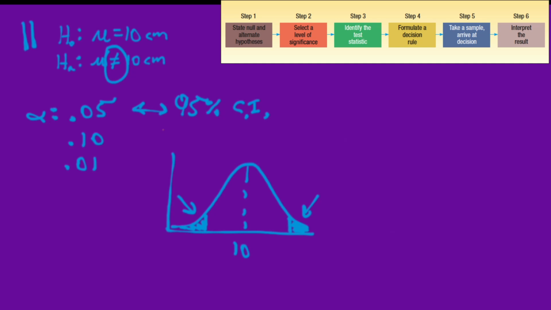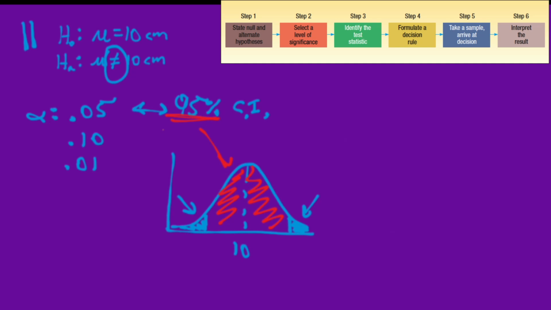So why is it 5% and not 95%? Well, back in the confidence interval case, we were dealing with the inside part here, right? We were trying to give a window above and below our value, our best guess. So we were talking about values close to our sample mean.